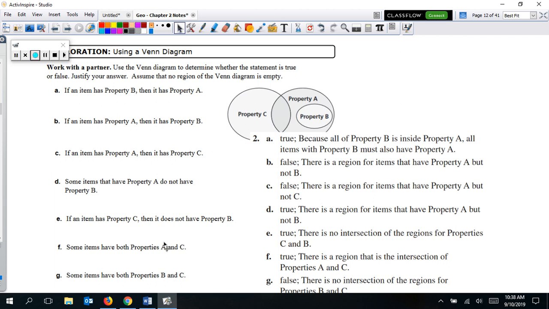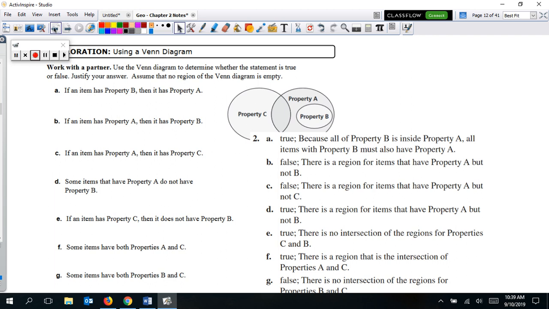If your reasoning is based on something concrete, like a diagram, then that's definitely deductive. If your reasoning or your conclusion is pretty much based on maybe just experience, something that you can't prove, then that's inductive reasoning.